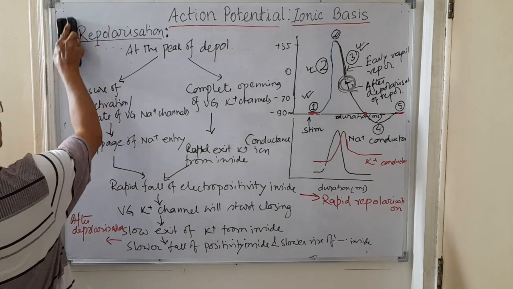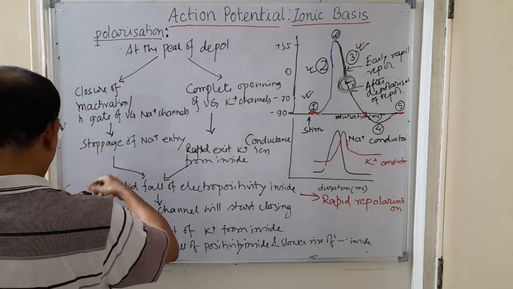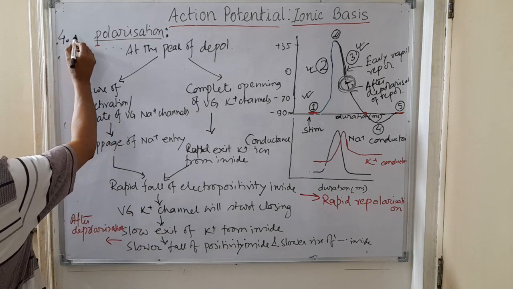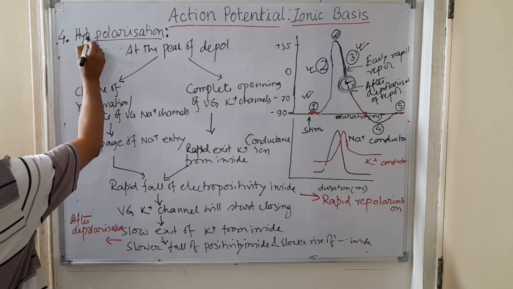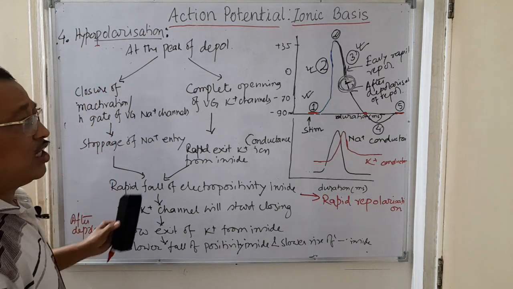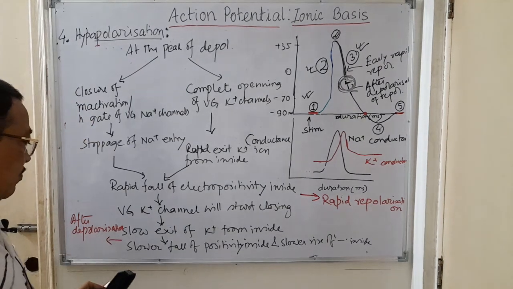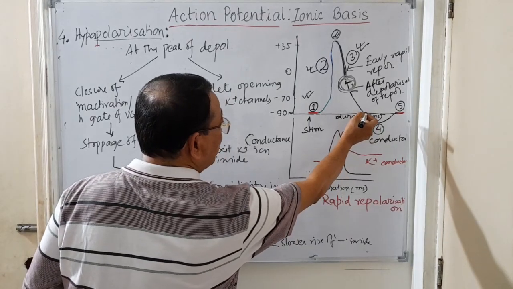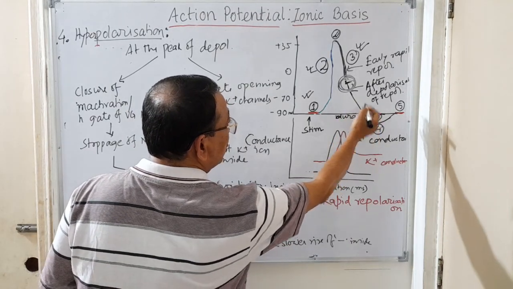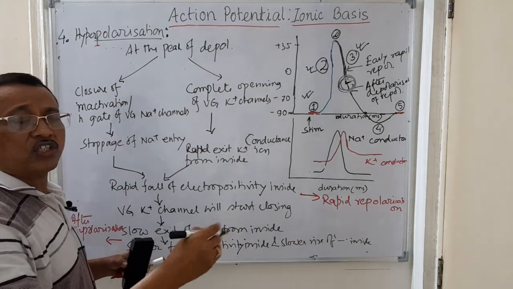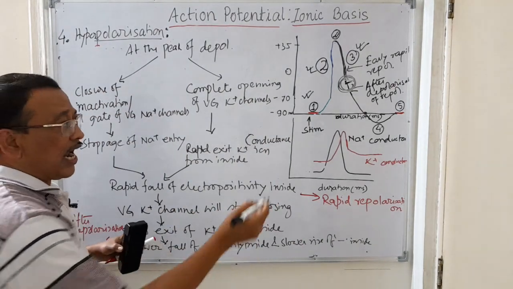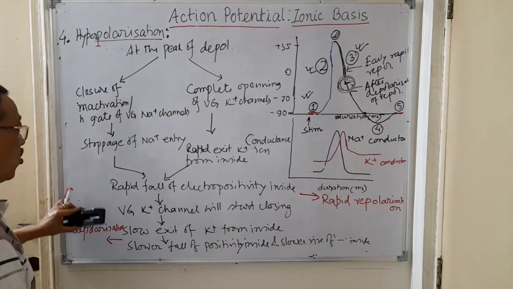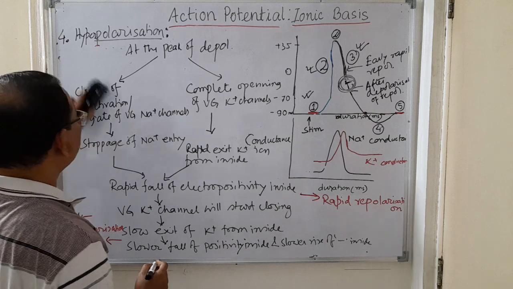So now the fourth phase, or ionic basis of the fourth phase, which is known as hyperpolarization. What's happened at this particular moment, once the resting membrane potential is achieved due to the repolarization, due to the potassium exit? At this moment the voltage gated potassium channels are not completely closed.